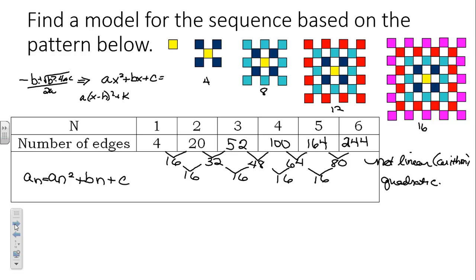Our first term, when n is 1, a sub 1 is a times 1 squared plus b times 1 plus c, or a plus b plus c equals a sub n, which was 4.